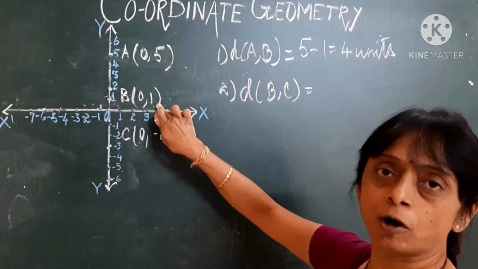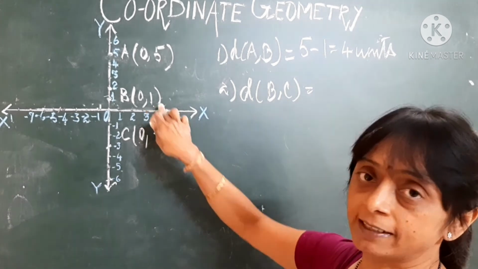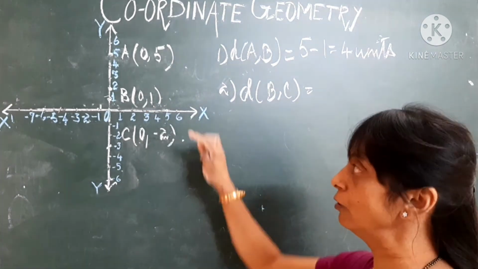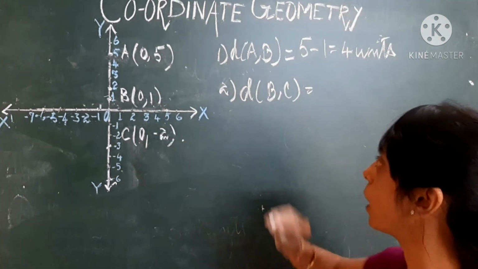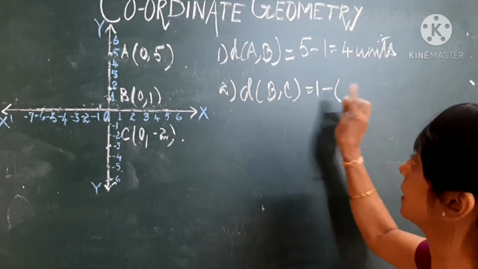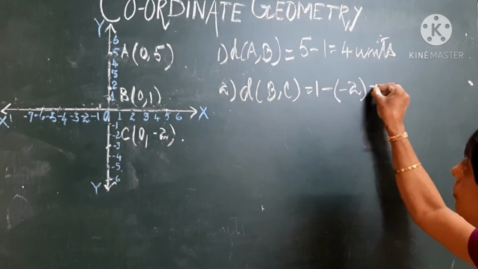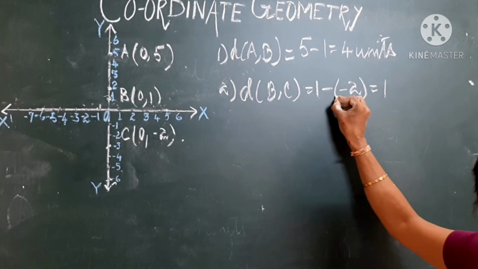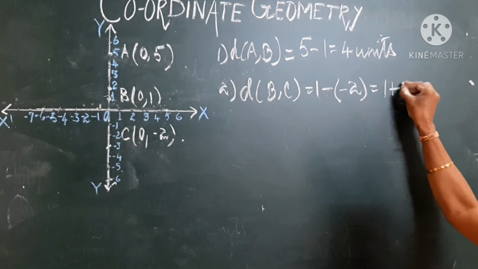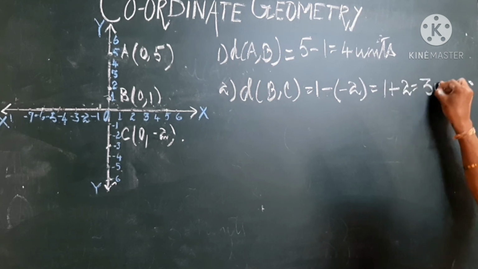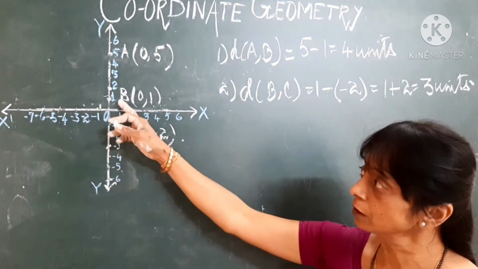So we know every positive numerical value is always greater than any negative numerical value. So 1 is greater than minus 2. So who is greater over here? 1. So greater minus the smaller coordinate. The smaller coordinate is minus 2. So 1, operation of multiplication. When you open the bracket, minus into minus gives you plus. So that is equal to 3 units. So distance or length BC is equal to 3 units.